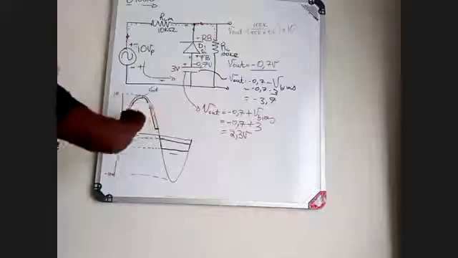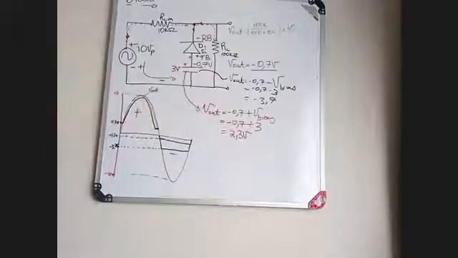Then the remaining is just a portion of what I didn't bias with. Now that is a positive-negative clipper circuit.